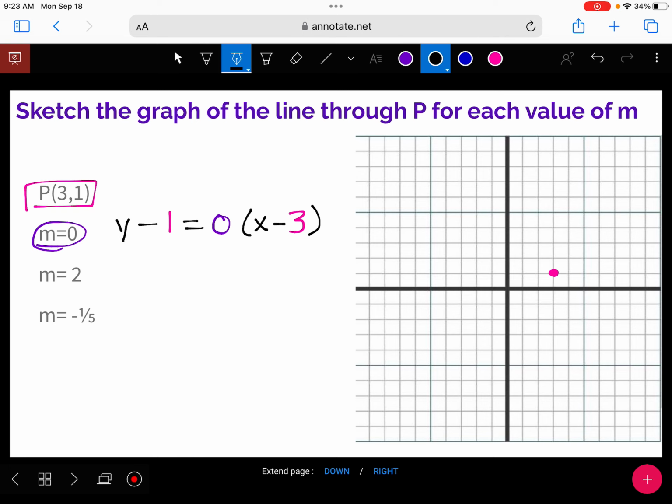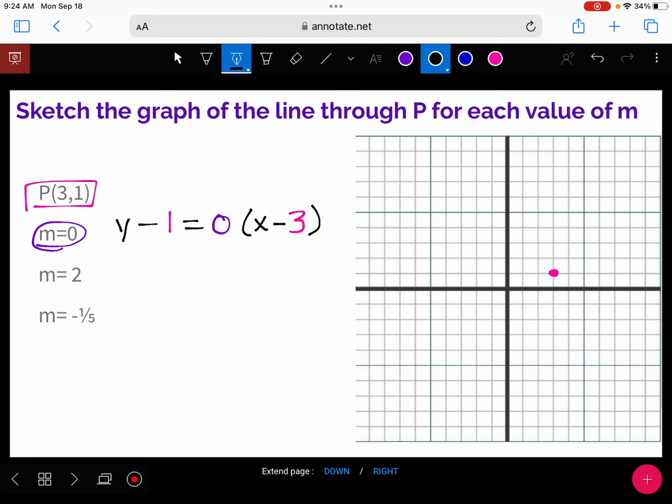How do I move with a slope of 0? Is 0 a number? What is the invisible number underneath every whole number? 1. So I could also write 0 as 0 over 1. Does that help us figure out the slope?